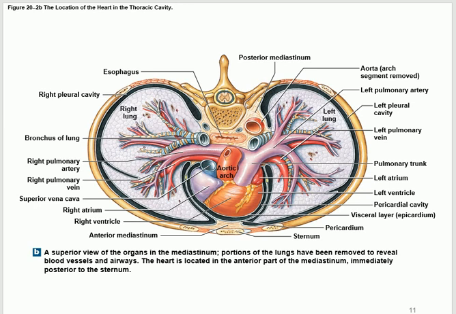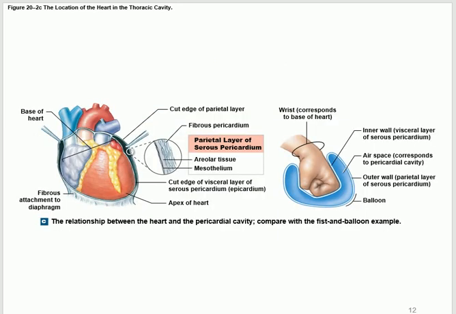So here is the heart, and these are the two layers. The visceral one is actually adherent to the heart, and the parietal one is more outside. And there is fluid in between. It's called the pericardial cavity, and there is serous fluid in between. So here it is again, as if you're pushing a balloon.